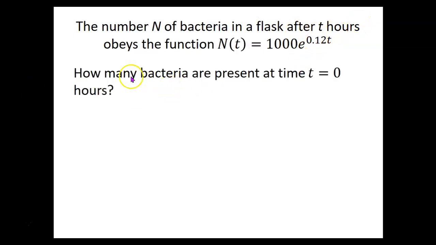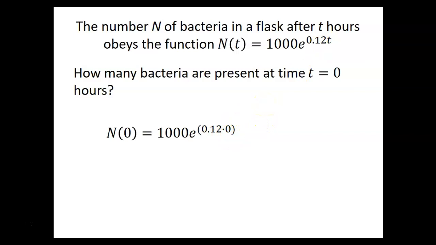Okay, first question. How many bacteria are present at time t equals 0 hours? So if we're plugging in 0 for t, we're evaluating n of 0, which is 1000 times e to the 0.12 times 0.